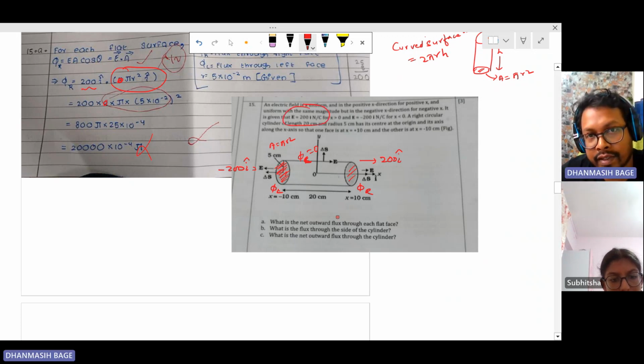It is already given in the problem. So I took it as negative. And delta S cap here is positive, and here delta S cap is negative. Area vector here will be in the minus I cap direction.